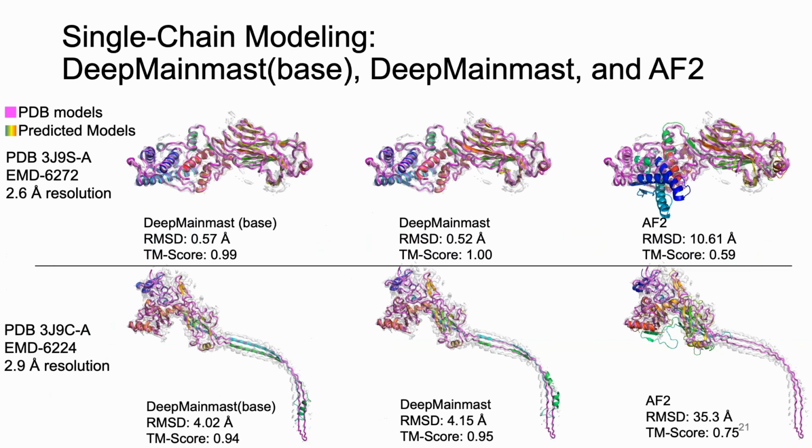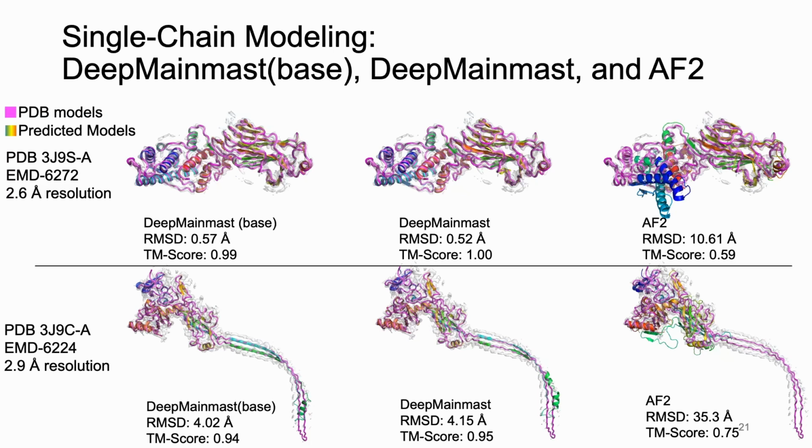Okay, so this is a typical interesting example. The magenta structure is the PDB model, the deposited model. Then the rainbow colored model is the model predicted by DeepMainmast base or DeepMainmast with the AlphaFold2 model. So this is the AlphaFold2 model.